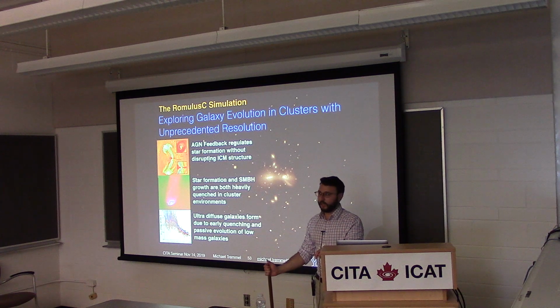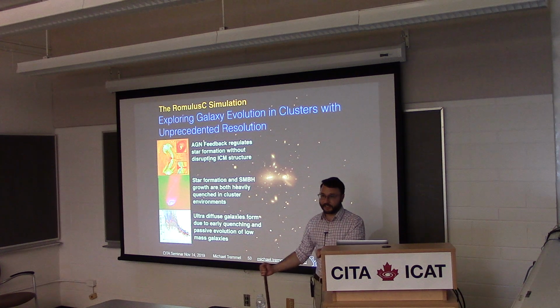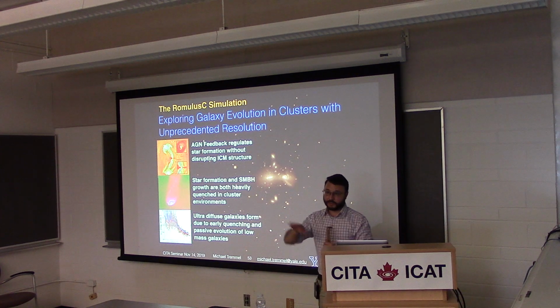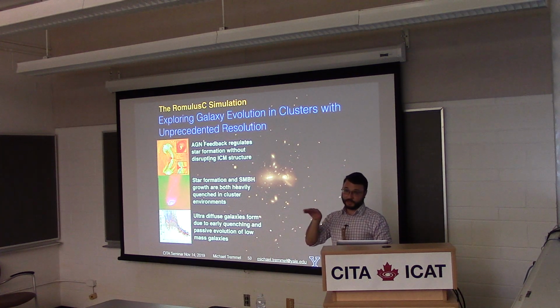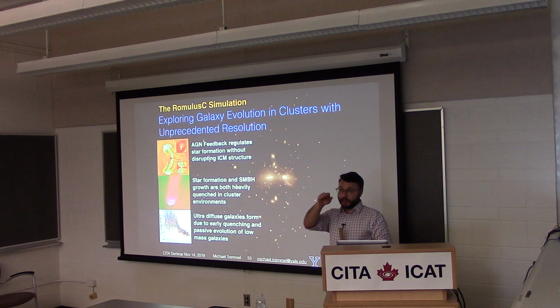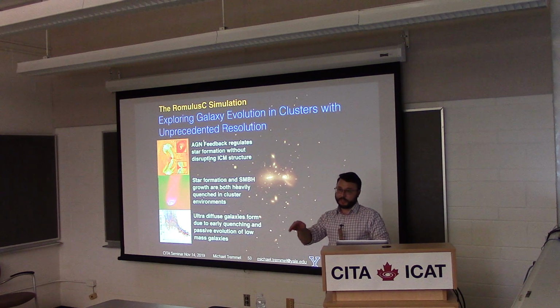Right. So we haven't specifically looked at merger history. Again, if a merger did something unique to UDGs and not non-UDGs, we would see some difference in evolution. But even in terms of surface brightness, which is the critical aspect, there's no difference in how they evolve over time. The only difference is how long they've been quenched.